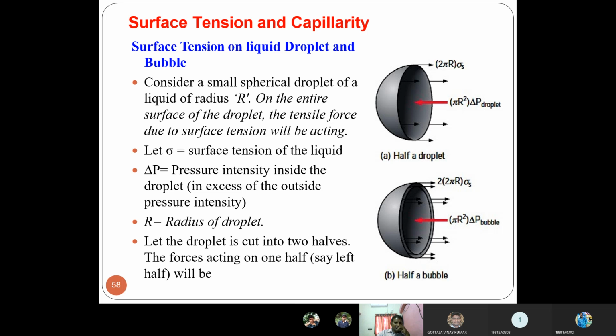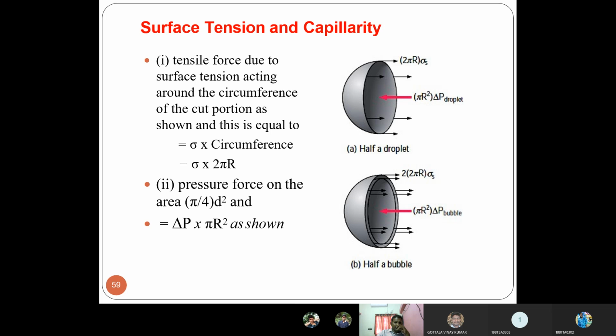The force acting on the half will be equal to the tensile force due to the surface tension acting around the circumference of the cut portion, as shown in the figure. This tensile force acts on the entire circumferential length, and it is 2 pi r sigma.